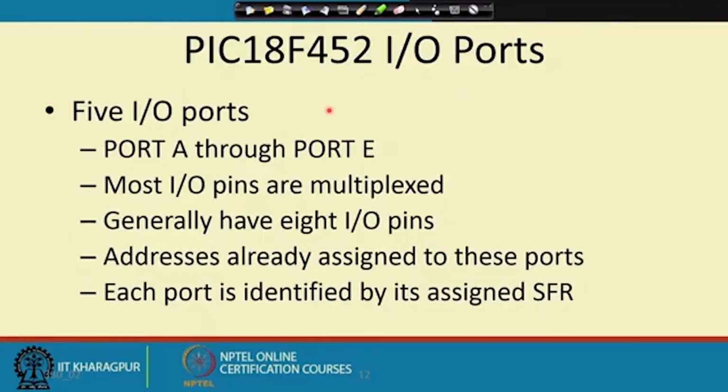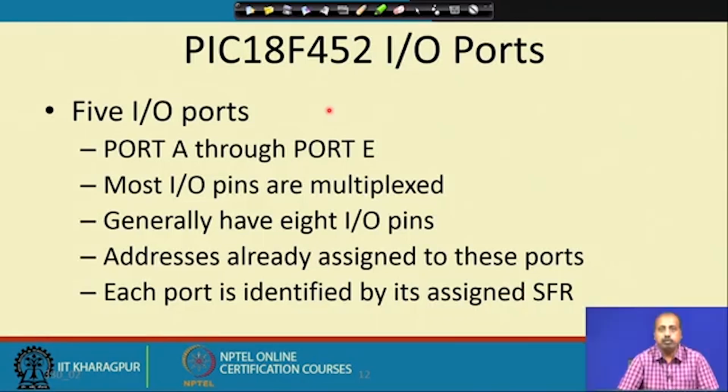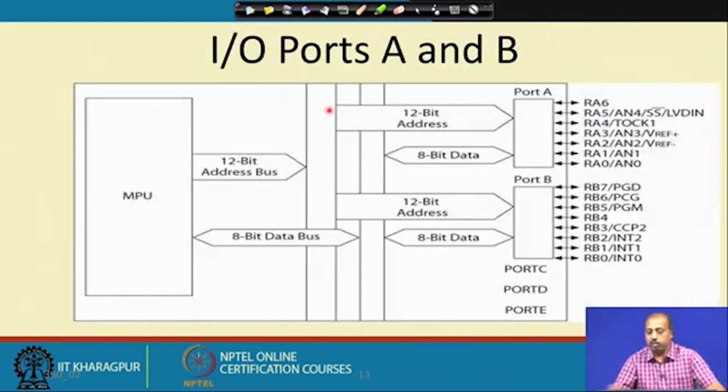Just like you can have the move instruction in 8051, by which you can control the data movement to individual ports, and they are actually mapped onto some memory locations. Here also the same thing. They are mapped onto data RAM locations, and each port is identified by some special function register. So, this is the idea.